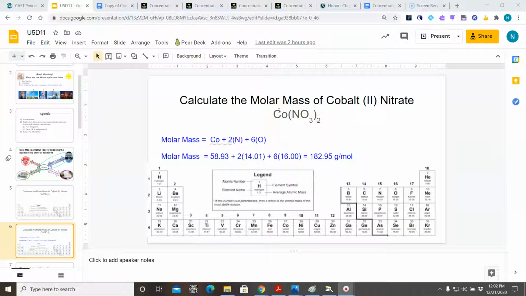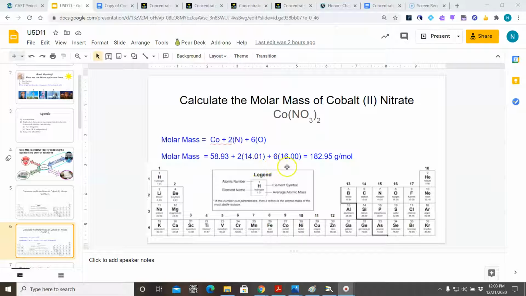So I have one cobalt here, and each cobalt has an average atomic mass of 58.93. I have 2 nitrogens in cobalt nitrate. I know that because there's a subscript of 2 outside of the parentheses. So that tells me I have 2 nitrogens, so it will be 2 times the average atomic mass of nitrogen.